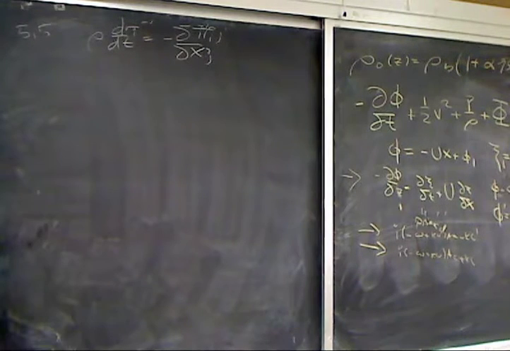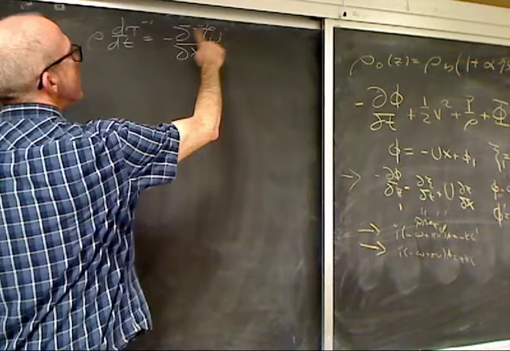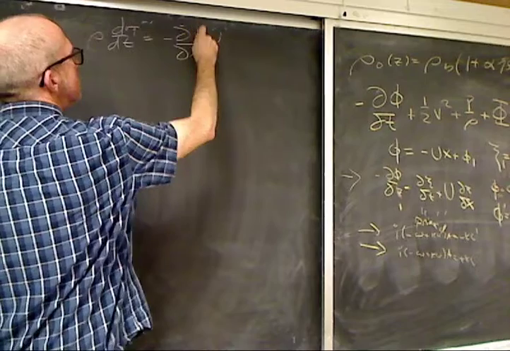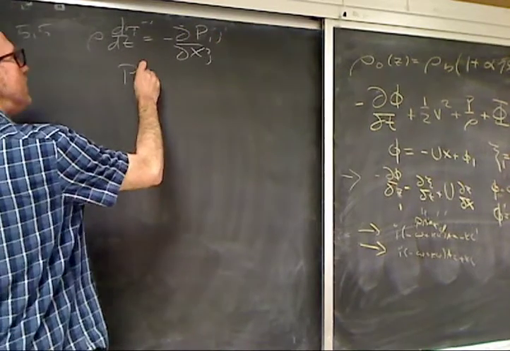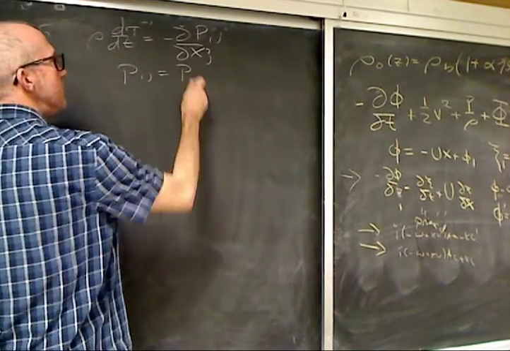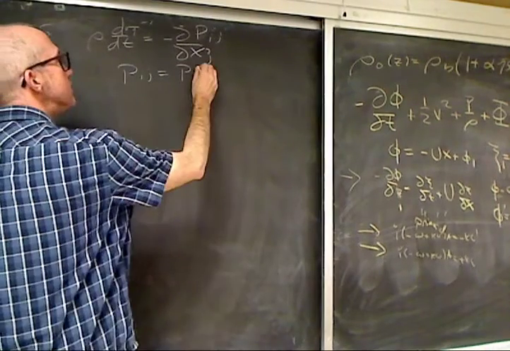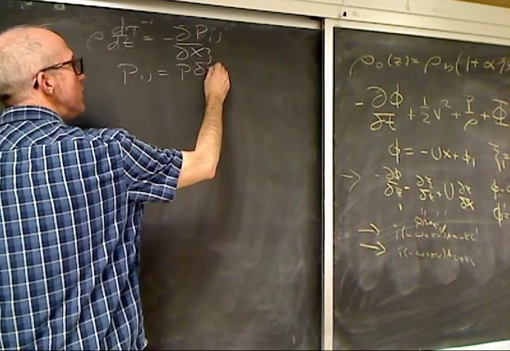Is that right? That's how they said it. It's P_ij, not pi. Oh yeah, it was a big P. Yes, P_ij. And then P_ij is the isotropic pressure. That's just the gas pressure times delta_ij.